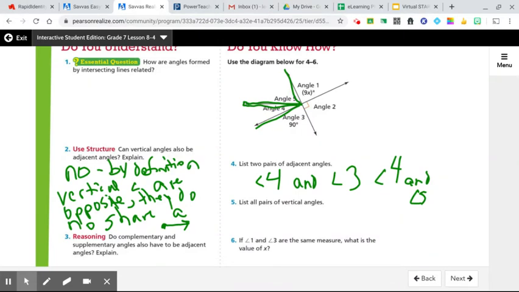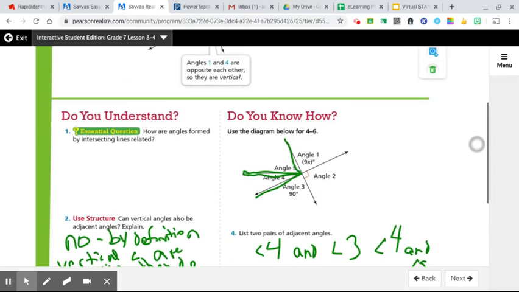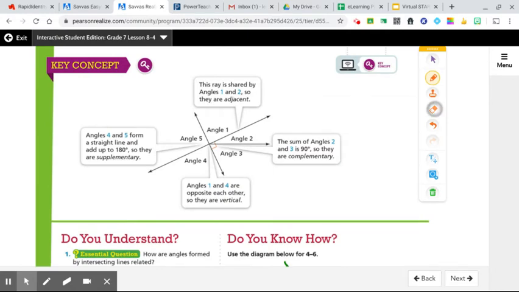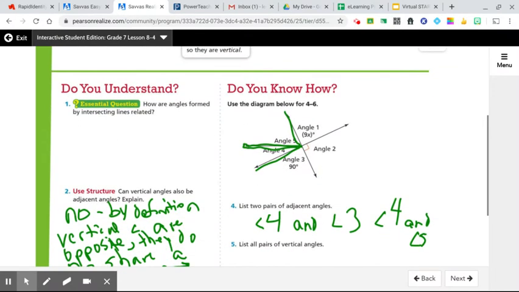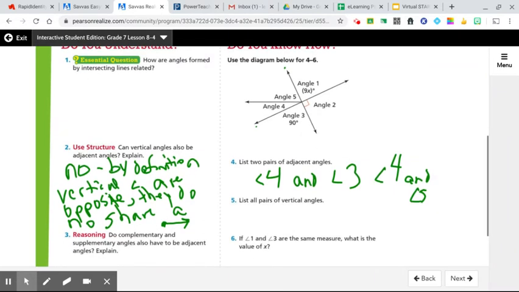List all pairs of vertical angles. Okay, let me erase my marks. And this is actually going to be quite a bit easier, because there is only one pair of vertical angles. Remember, vertical angles are opposite. And so if I look at the picture, where do I see opposite angles?